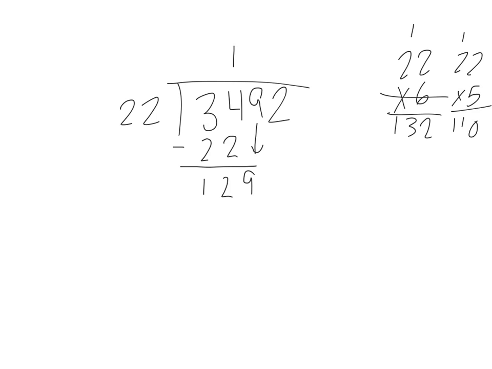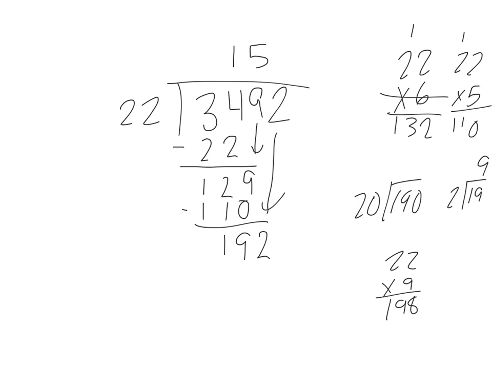Notice I'm doing my multiplication of 22 off to the side. So 22 goes into 129 5 times. 5 times 22 is 110. I'll do my subtraction, and I will have 19 left over. I'll bring down the 2, and now I am dividing 192 by 22.